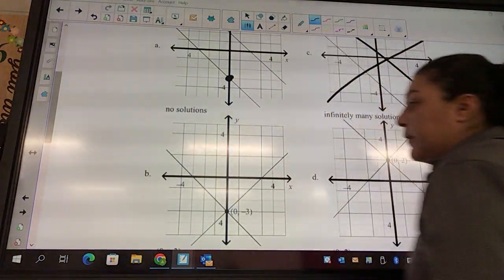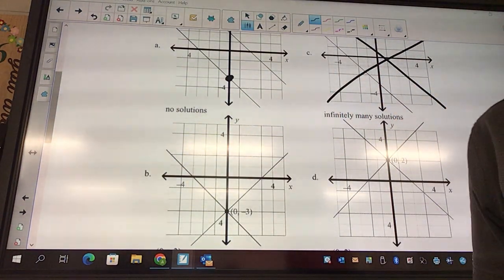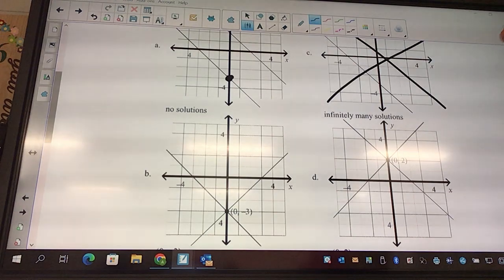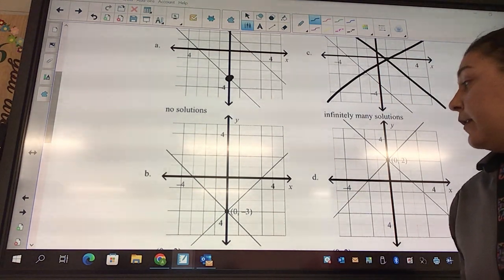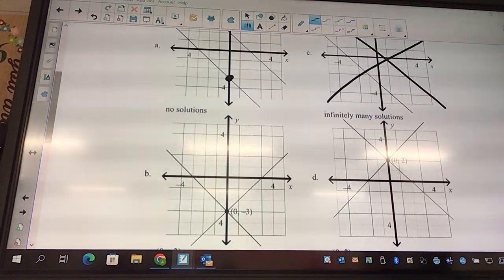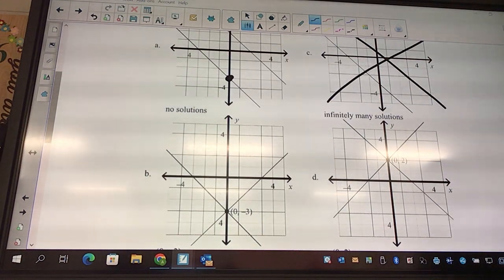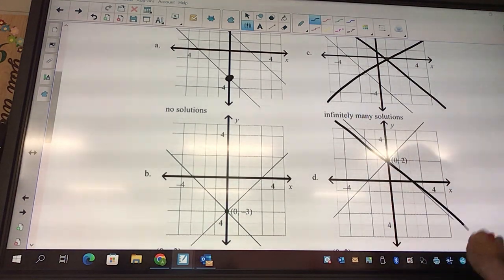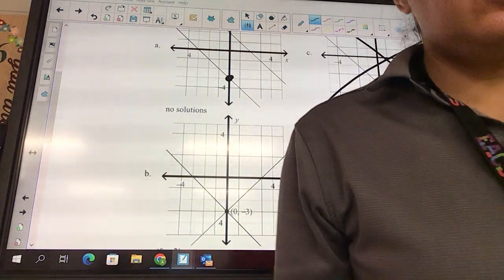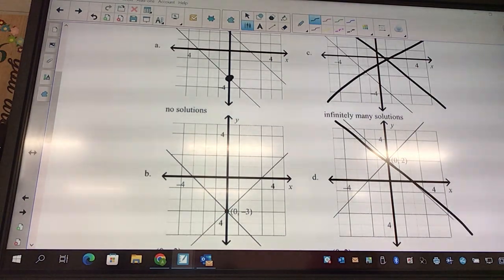What about D or B? Does it start at -3? Yes. Is that line negative? Yeah. Okay. What about D? Does one line start at -3? No. So it's not that one. And then look at the other line. It should start at positive 2.